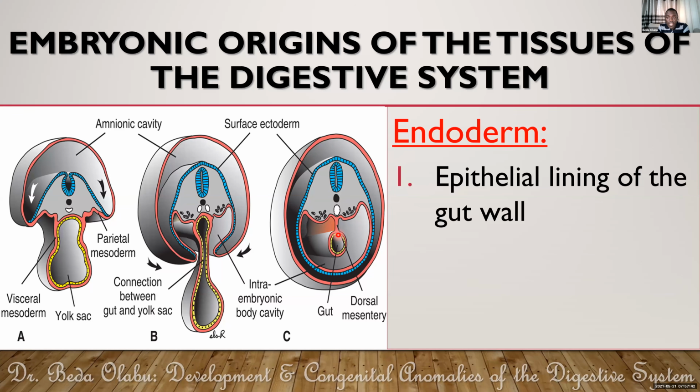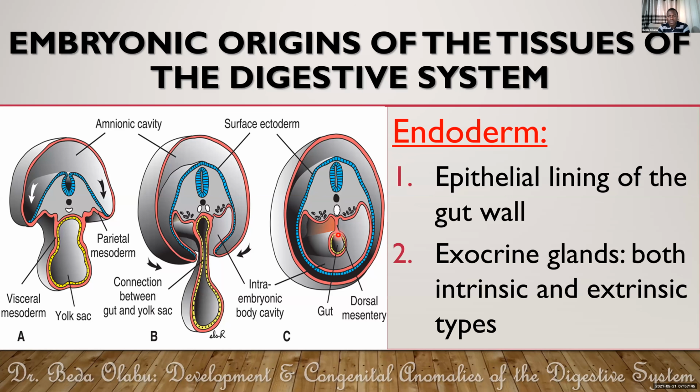The second thing endoderm will give rise to are the exocrine glands of the digestive system. Whether these exocrine glands are intrinsic, like gastric glands, Brunner's glands, the intestinal crypts of Lieberkühn, or they are extrinsic, like the biliary system, the liver, pancreas, they arise from endoderm.